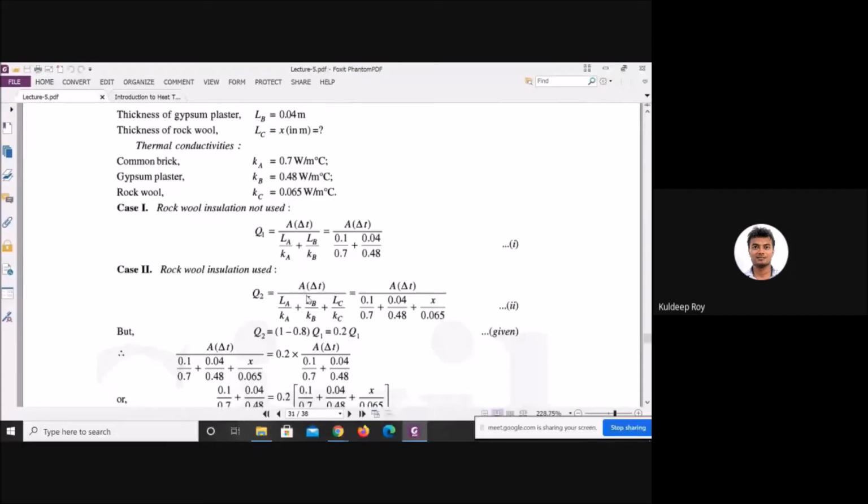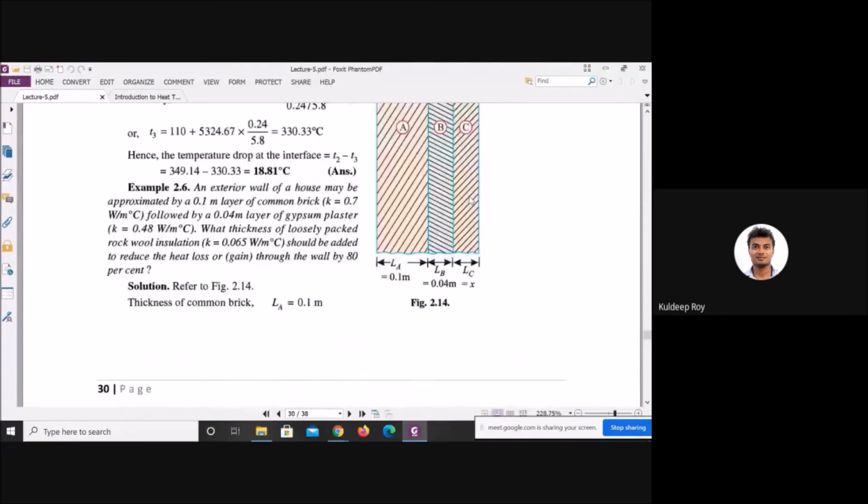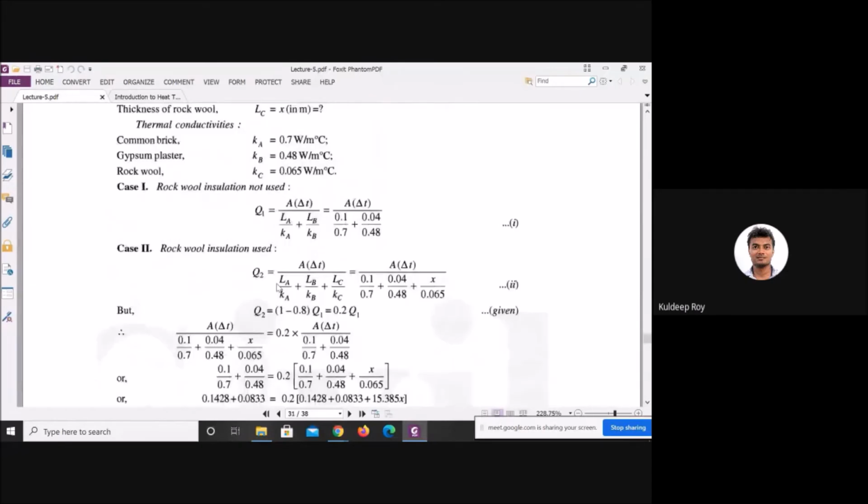The temperature delta T will be throughout the whole body, from this body to this body. Then you have to add all the resistances, La by Ka, Lb by Kb, and Lc by Kc, for all three surfaces, and just determine this value.